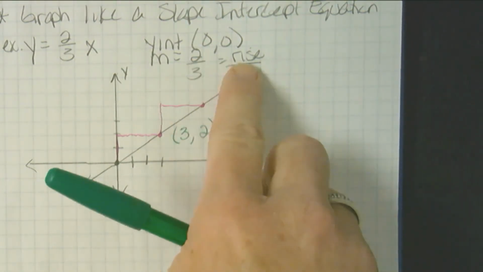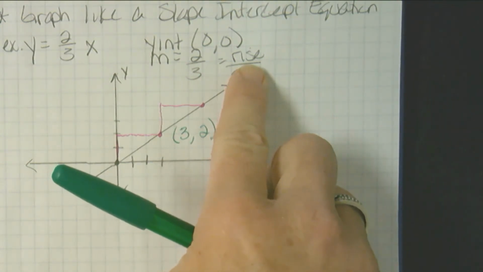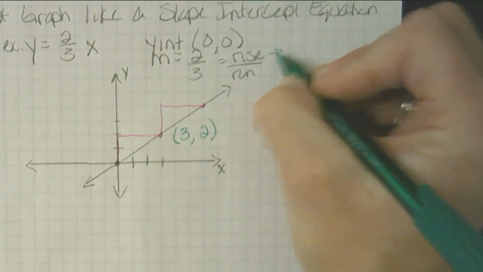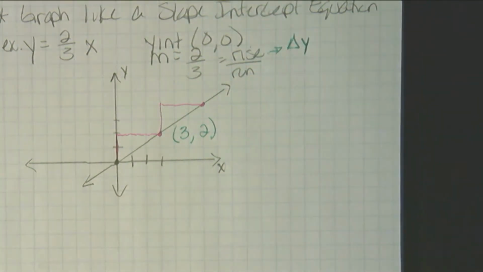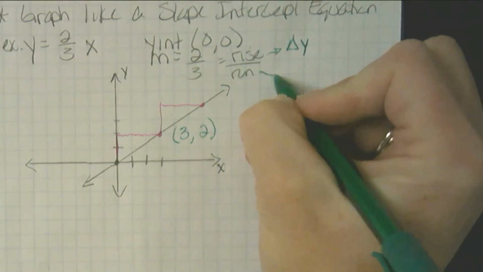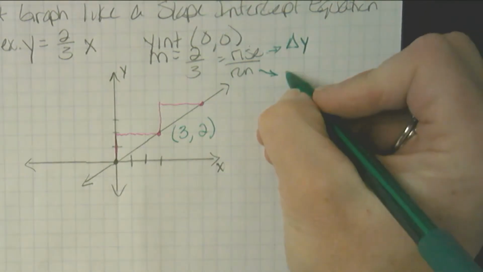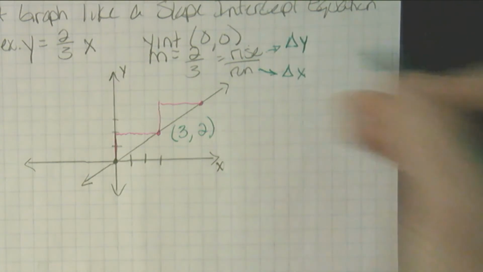In our slope, what does rise mean? Joseph? How much go up or down, right? So this rise is our change in our y. How many of you guys agree with that? All right, what is my run? What does that mean? Lily? It's my change in my x.